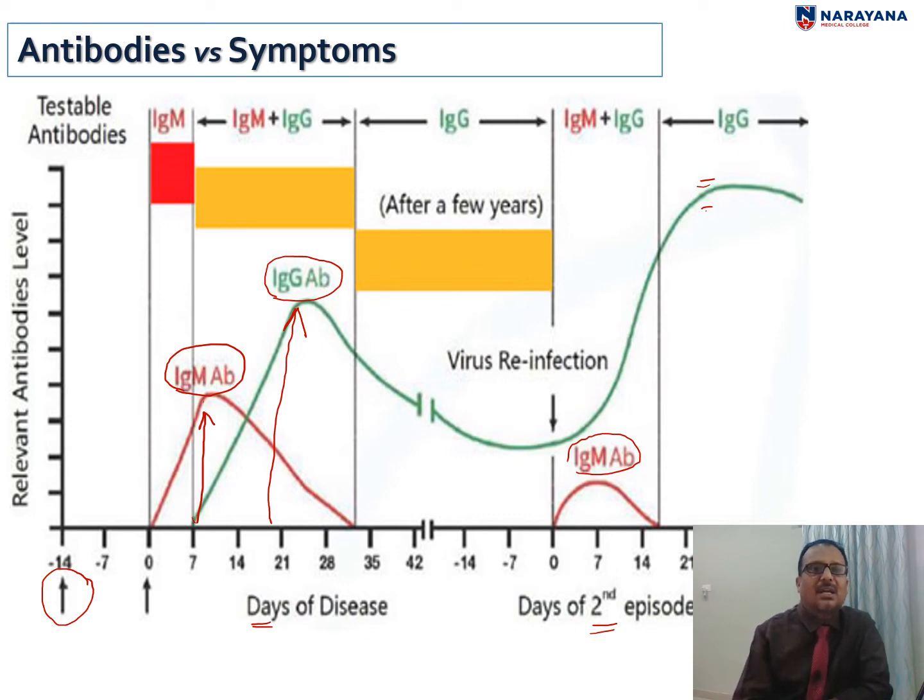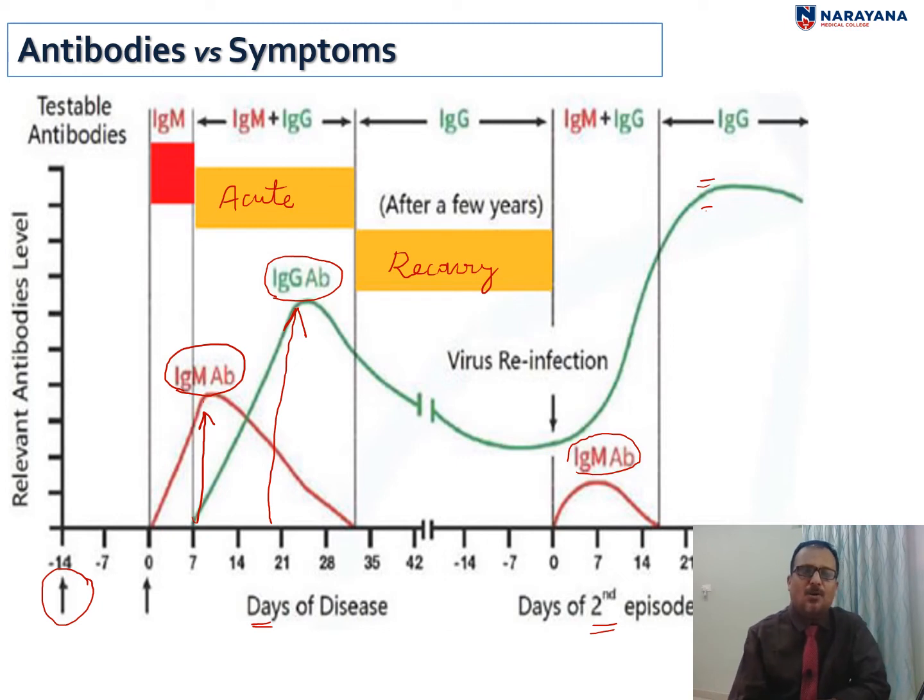With this you can understand that with the presence of both IgM and IgG, most of the time we can say that it is an acute phase of infection. If you see only IgG antibodies without IgM, then we can say that it is a phase of recovery, or the phase of protection period.